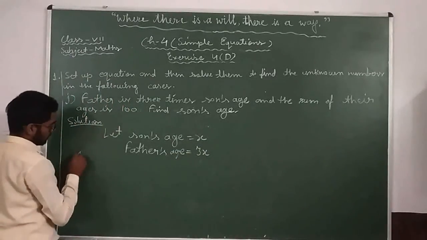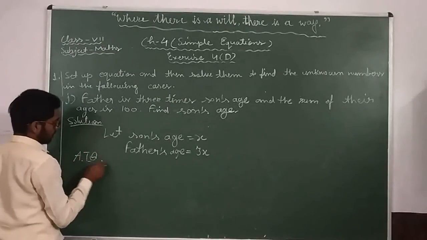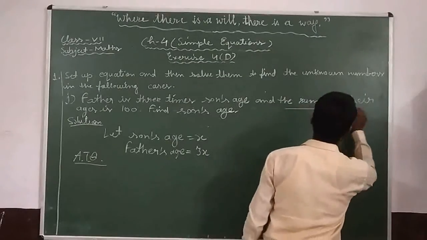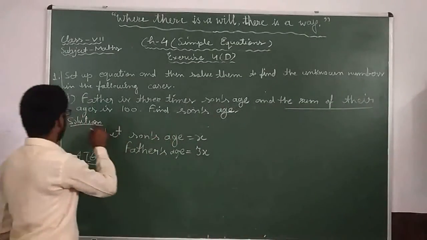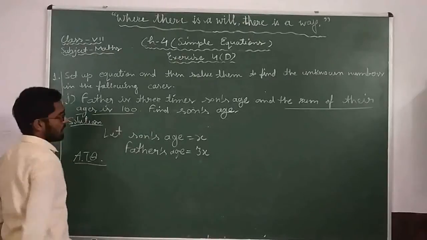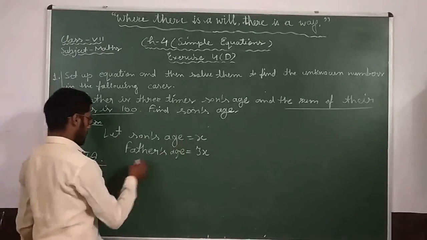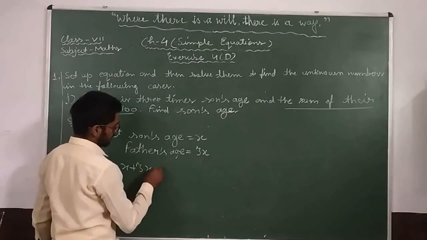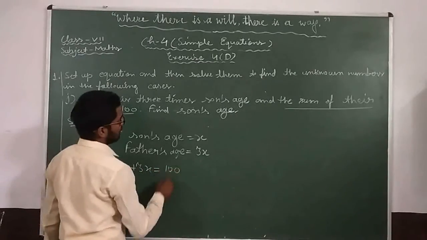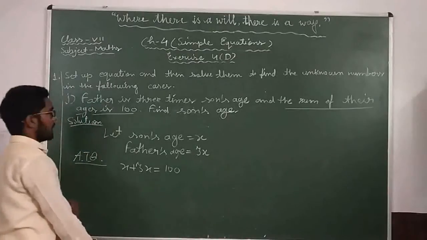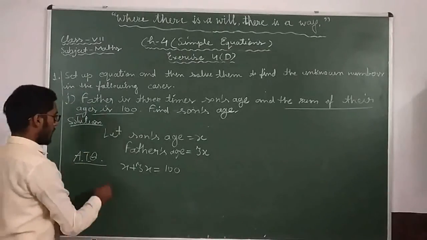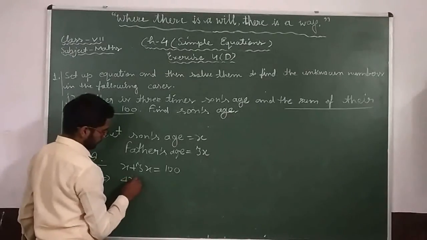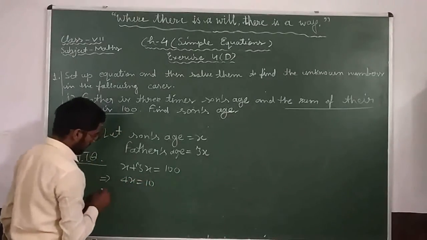Now, according to the condition, according to your question, the sum of their ages is 100. It means x plus 3x is equal to 100. Okay? Now solve it. x plus 3x means 4x is equal to 100.